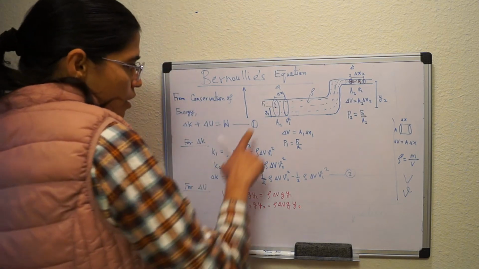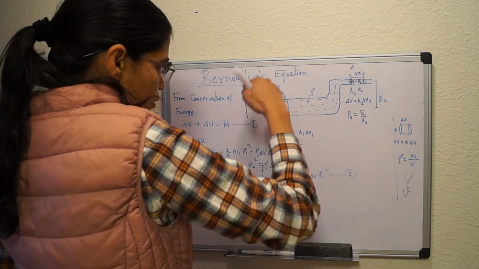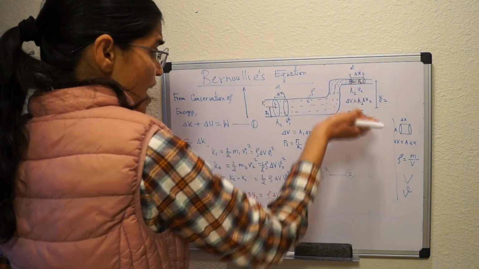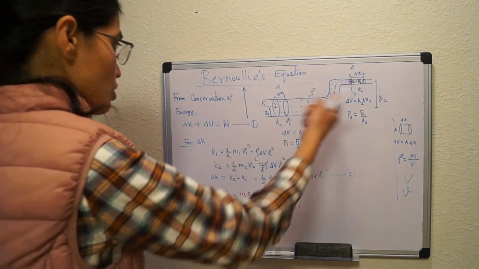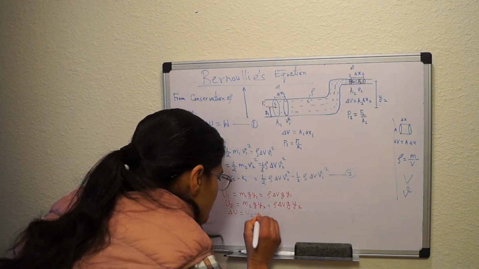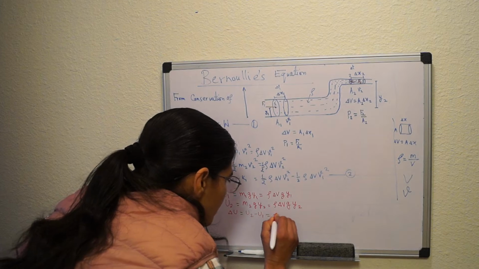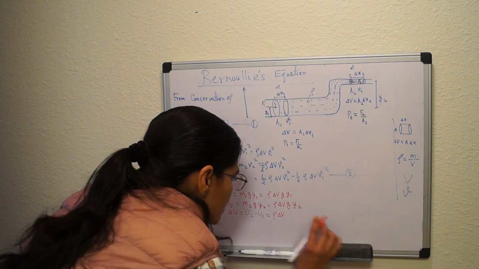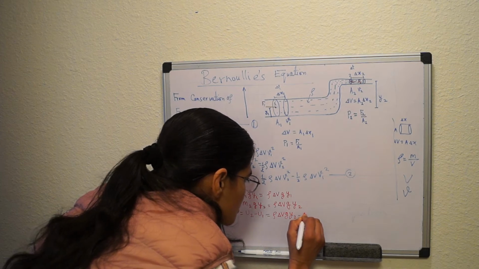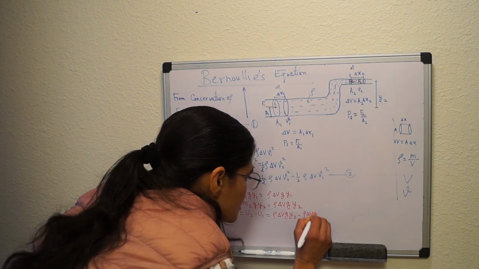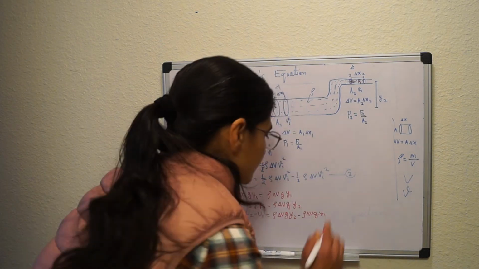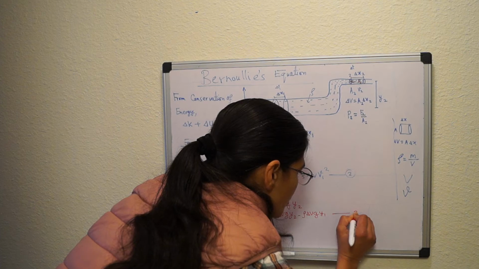So again, potential energy, it's at a lower height, right? This has a higher height, so this one has a higher potential energy, so you have to do U2, the higher, minus the lower value, okay? So U2 minus U1, and then you end up getting rho delta V g y2 minus rho delta V g y1, okay? Alright guys, so this is our equation 3.